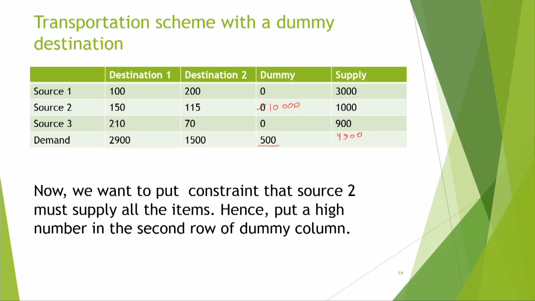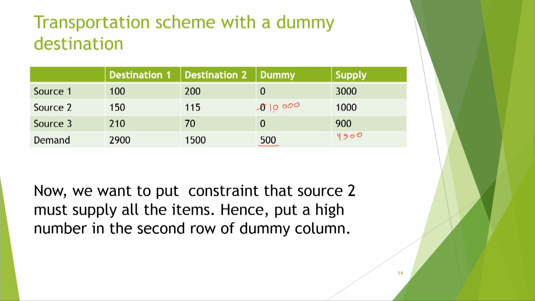So this cost becomes very excessive, and you have to minimize it. So automatically the algorithm will try to assign 0 to it, because source 2 must supply. Hence put a high number.